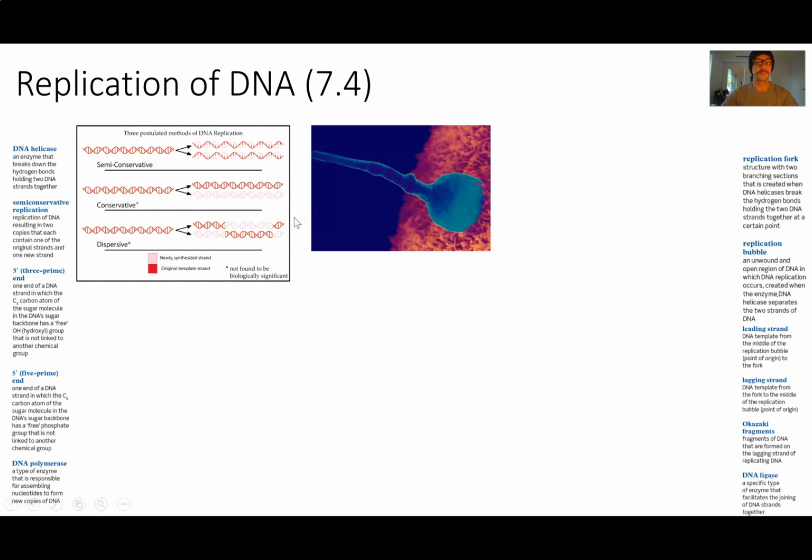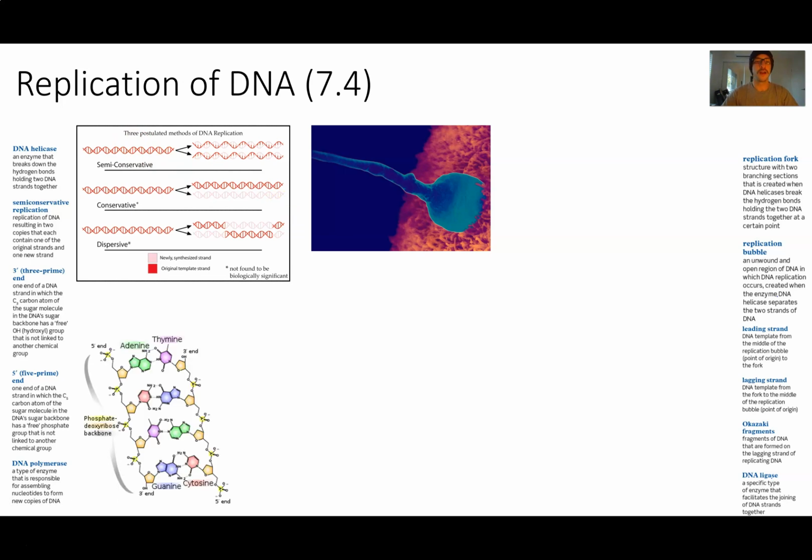So before we talk about the process of replication, let's talk about the structure of DNA to recap last week. We have in DNA a deoxyribose sugar group, which is attached to a nitrogenous base, and this sugar is also attached to what's called a phosphate group.